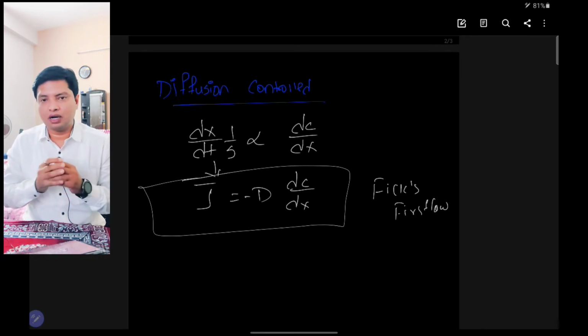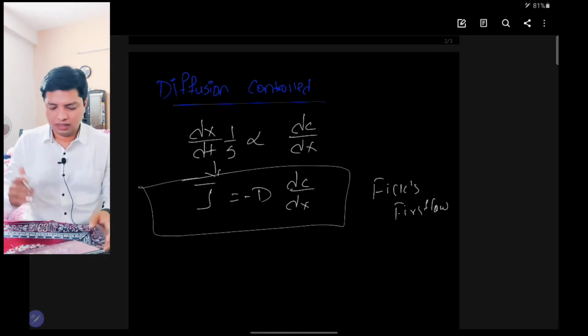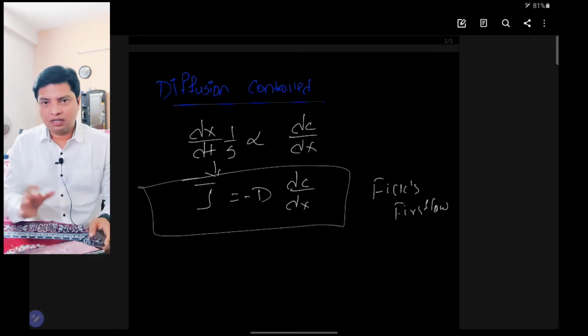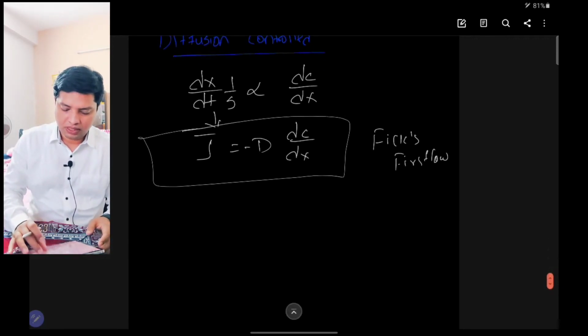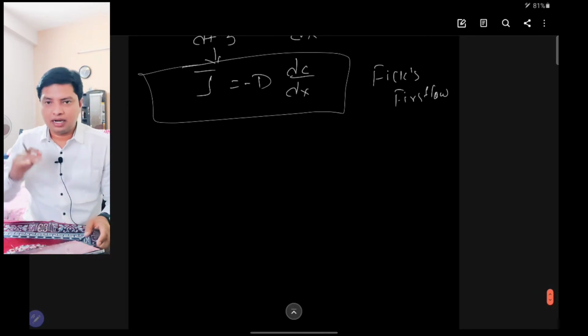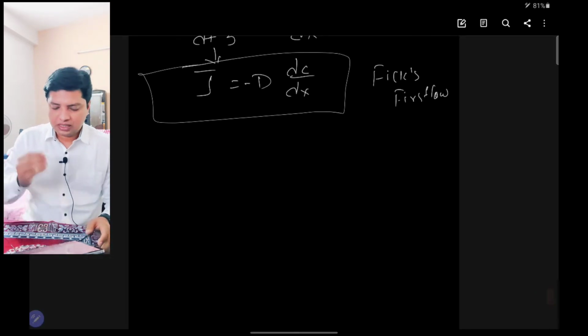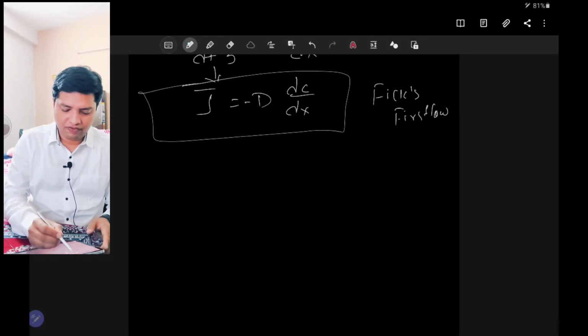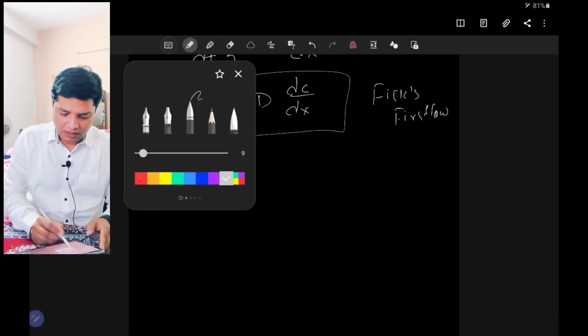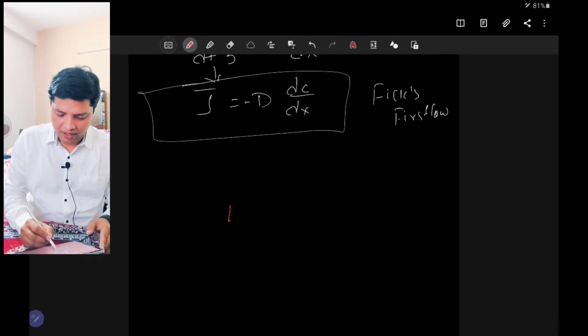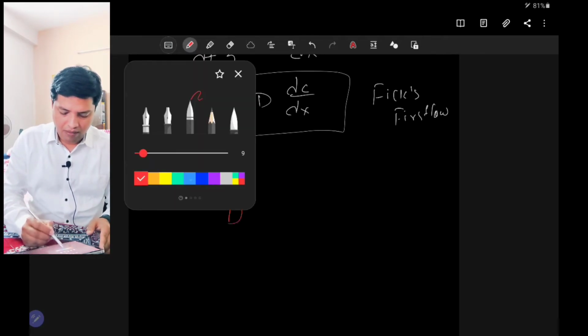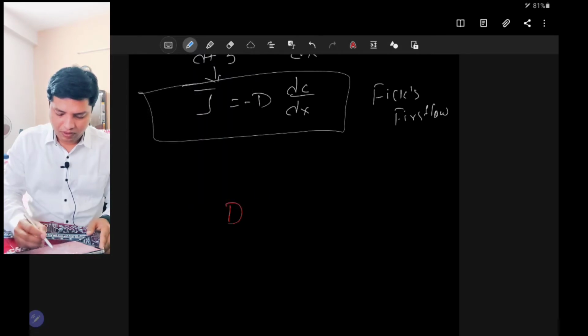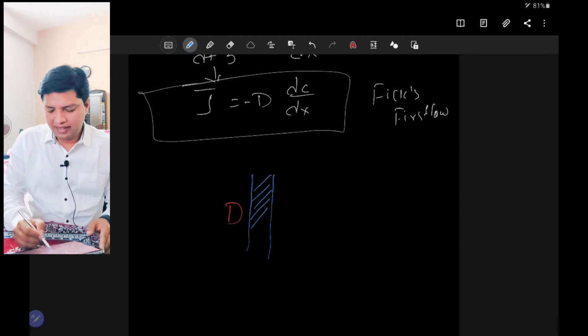Now, by using this law, Fick's law, how can I control the drug release? For that you need to understand the parts of this. In diffusion control, as the name says, the drug has to diffuse through something. Let us say we have the drug here, and I will put some barrier here.